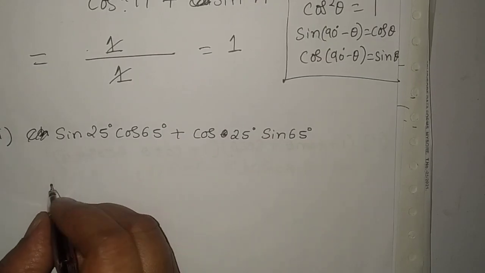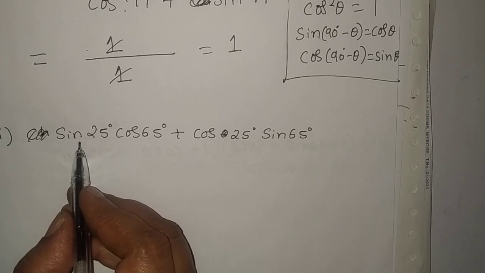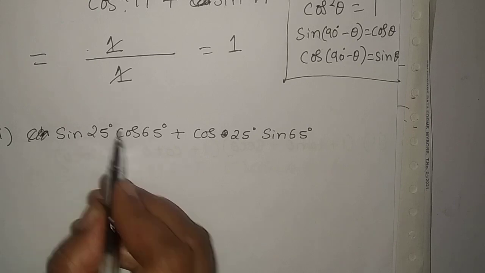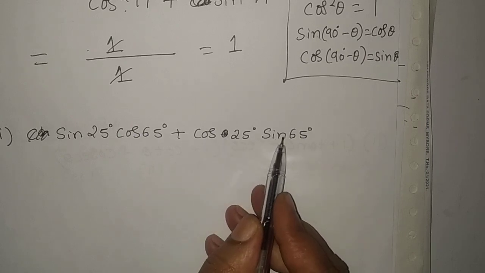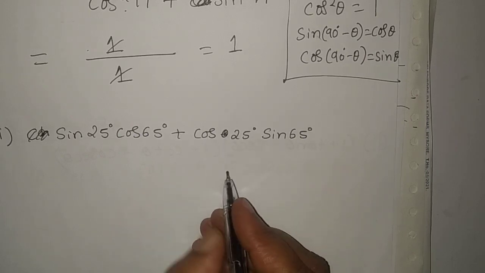Now next is sin 25 degree cos 65 degree plus cos 25 degree sin 65 degrees.